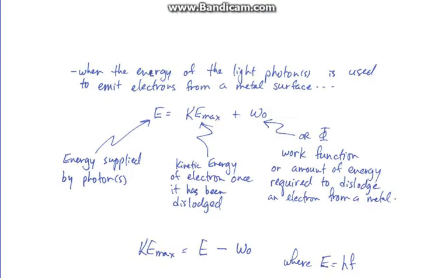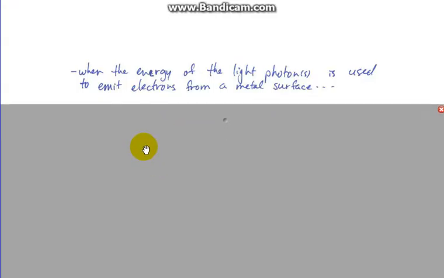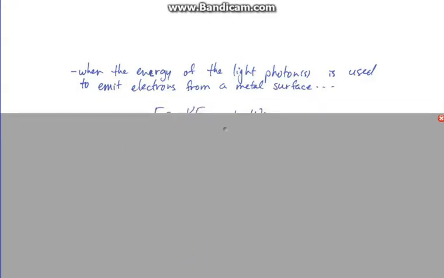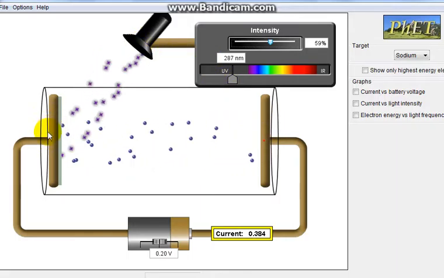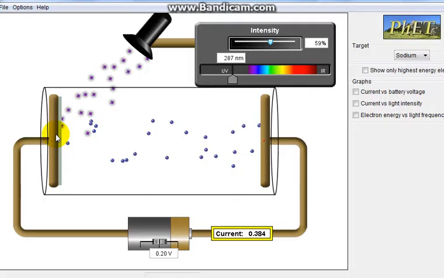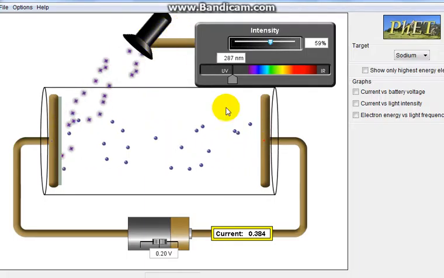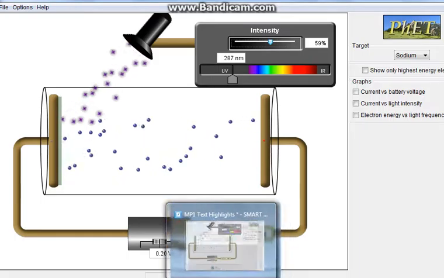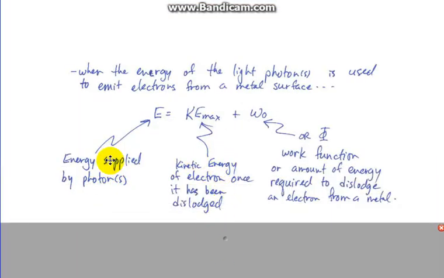Alright. Also, when the energy of the light photons is used to emit electrons from a metal surface, there are two things that happen here. Part of the energy that a photon has is used to simply dislodge the electron, and any leftover energy is used to make the electrons go from the left to the right here. So we have the energy supplied by the photons first used to dislodge the electron.